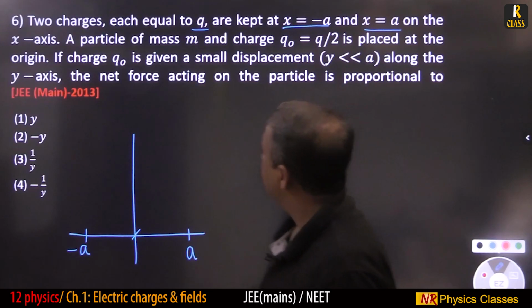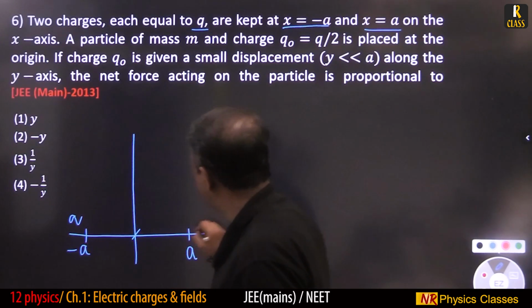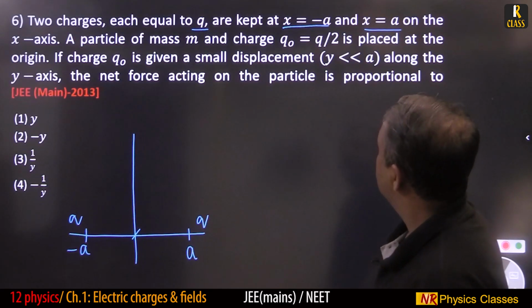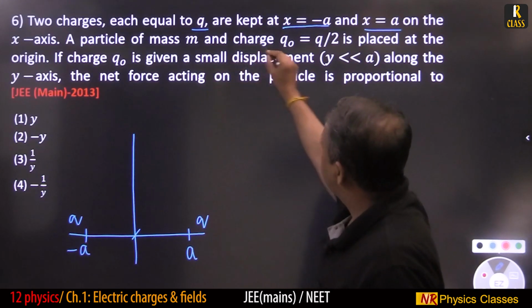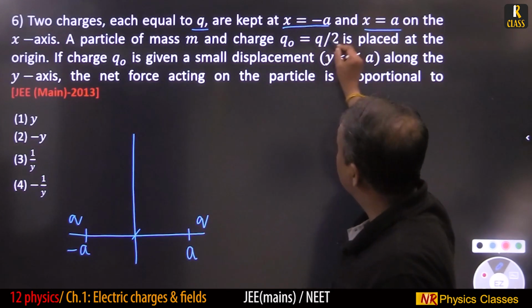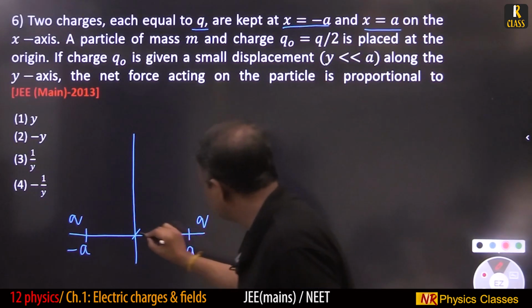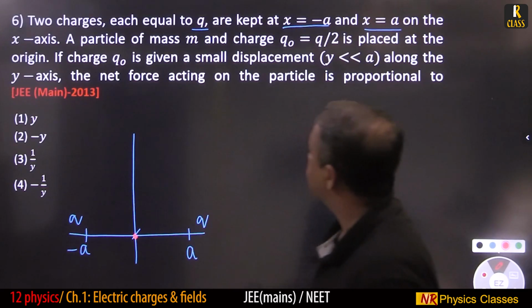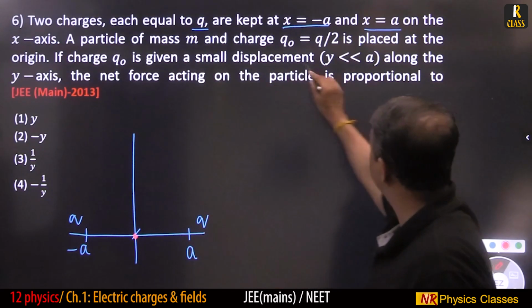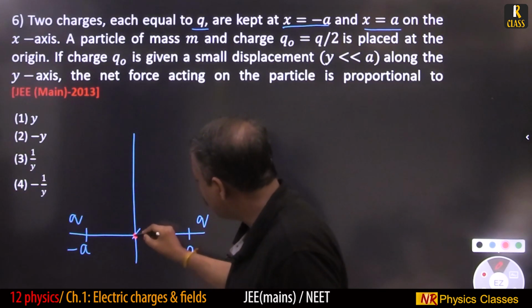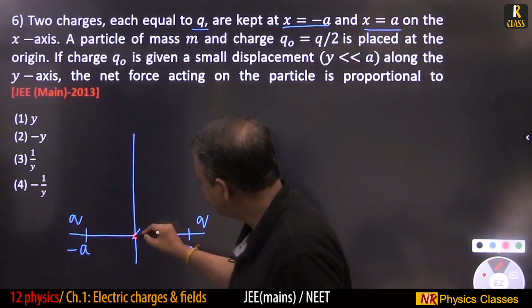There is Q, there is Q. A particle of mass m and charge Q0 equal to Q by 2 is placed at the origin. Here is the particle. If Q0 is given a small displacement along the y-axis, this is the displacement. This is y.